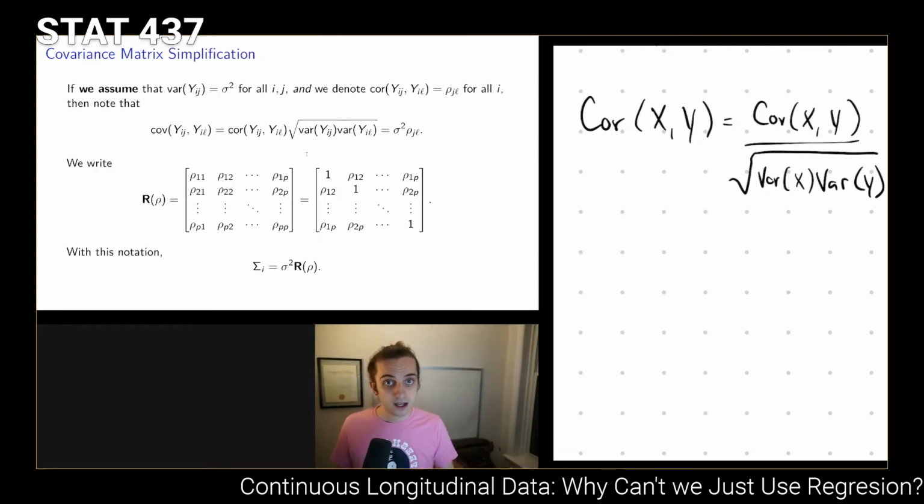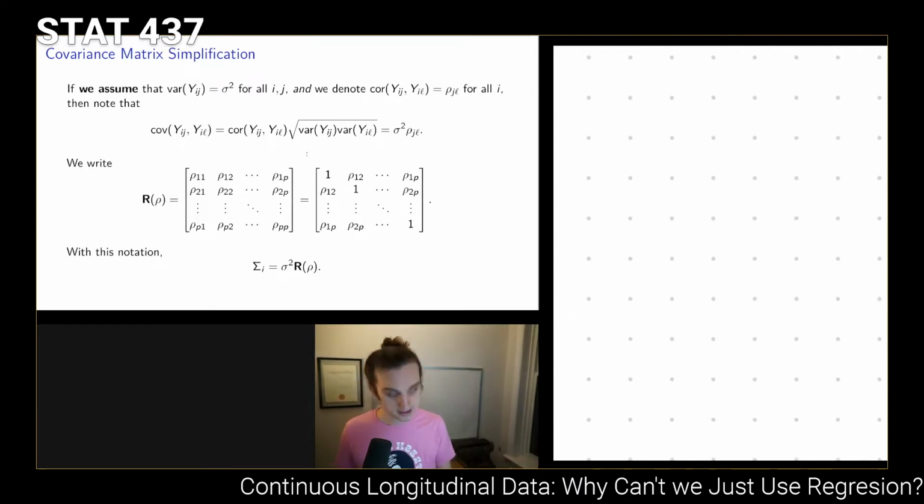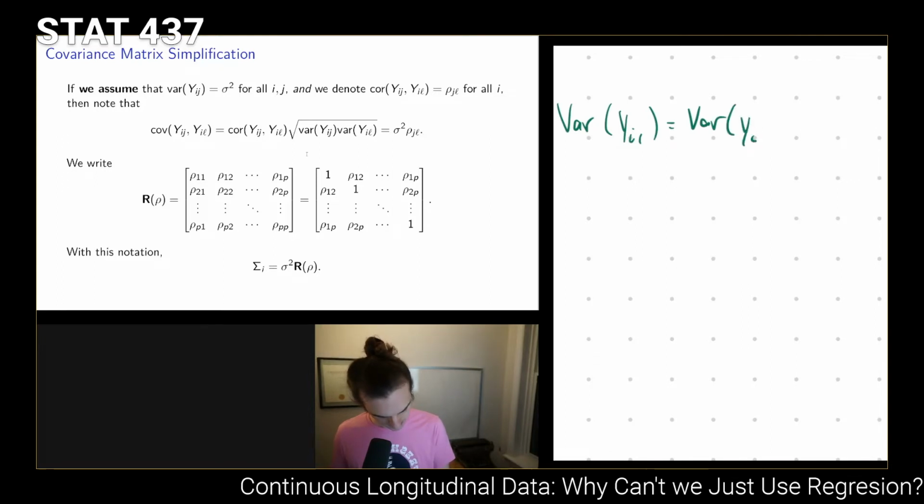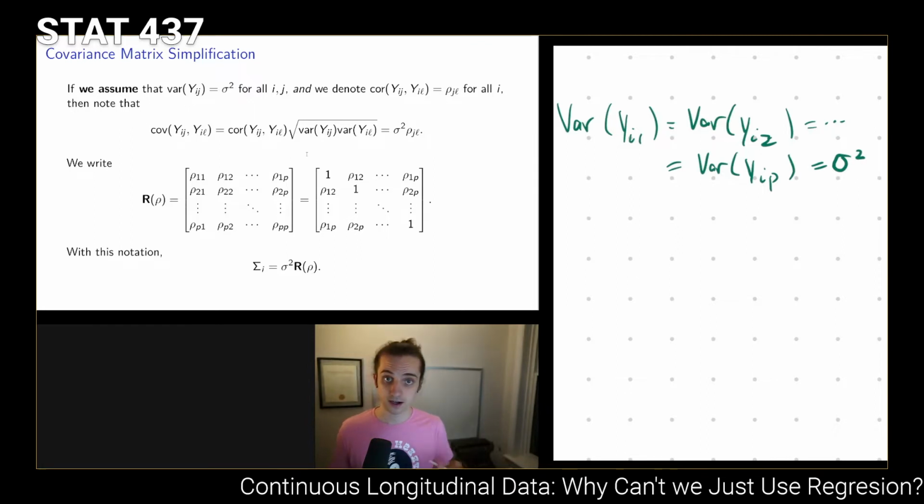And so if we assume that there's constant variance across time, so if we assume that the variance of yi1 equals the variance of yi2, and so on, up to the variance of yip, and we just call this sigma squared, so we have constant variance over time.